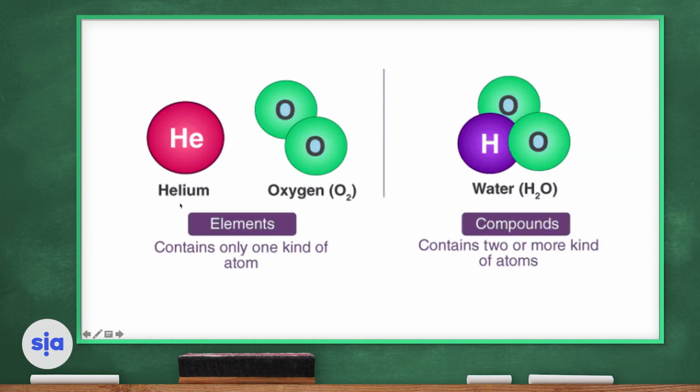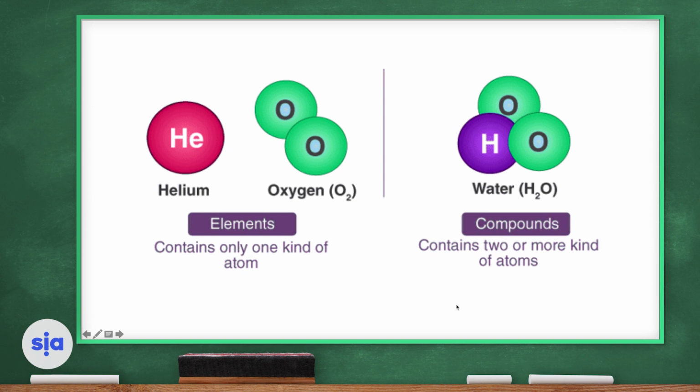This is the difference between elements and compounds. An element contains only one kind of atom. When I'm talking about oxygen element, it's only oxygen. When I talk about helium, it's only helium, nothing else. But in compounds, there are more than one kind of atom, two or more.